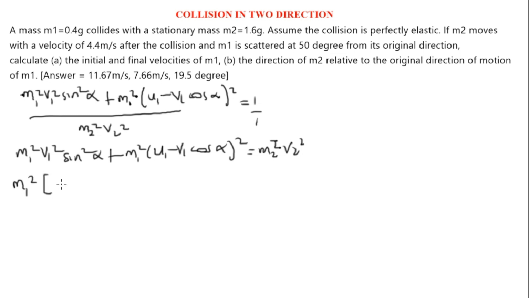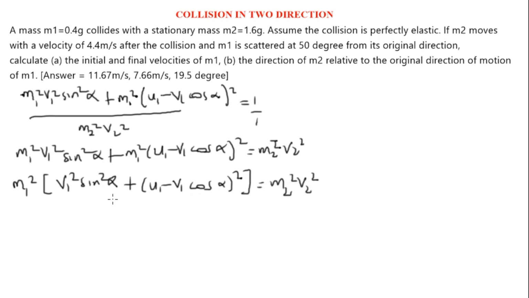So we can say m1 into v1 squared sine squared alpha plus u1 minus v1 cos alpha squared is equal to m2 squared v2 squared, so that we can eventually say that v1 squared sine squared alpha plus u1, okay, I gotta erase that.